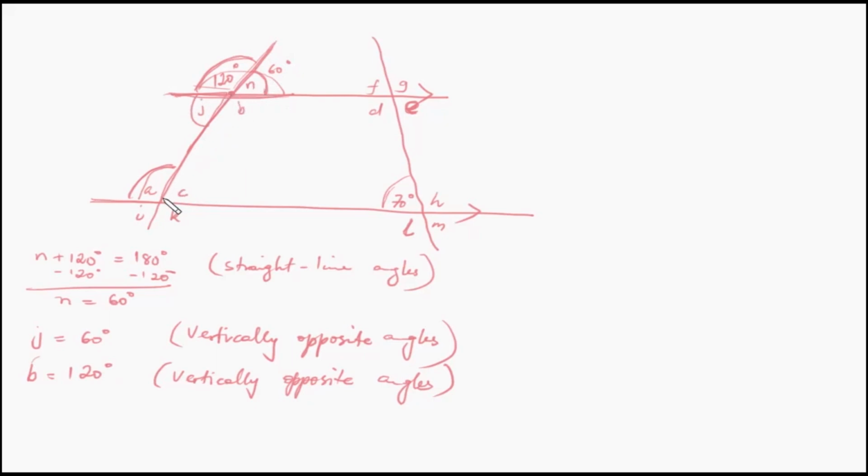Correspondence is this F. If we look at this F here, this is what you will be doing practically in the exam. A and 120 are equal. They are corresponding. So A equals 120 degrees, corresponding angles.